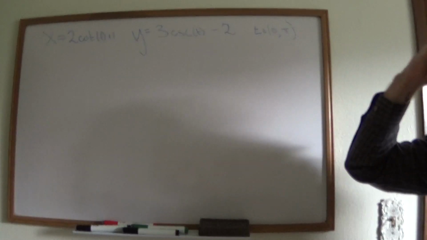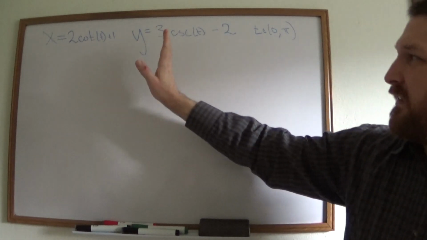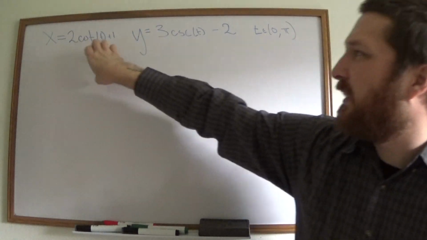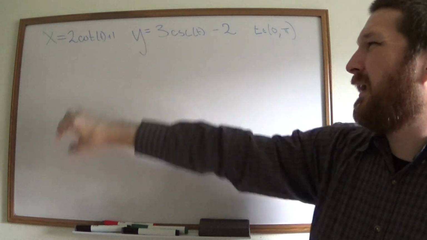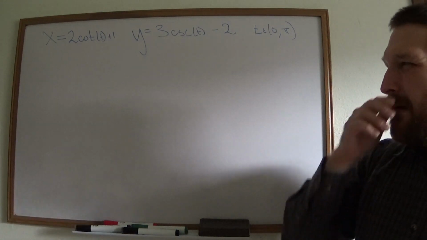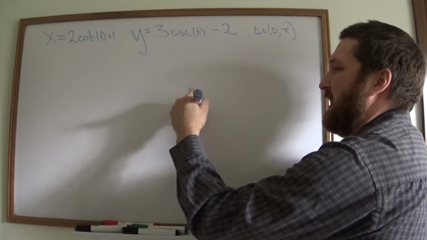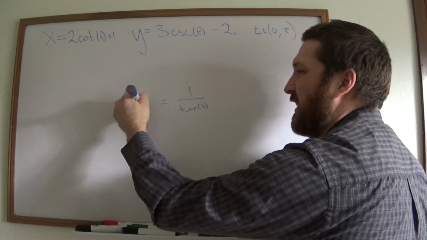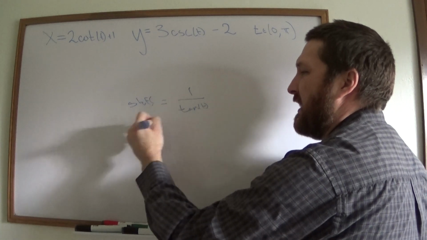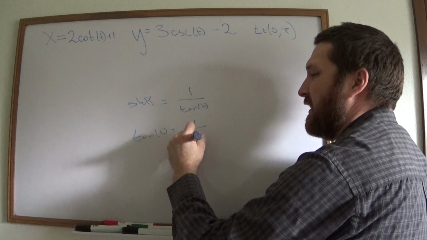So you're already thinking, well, for instance with the x, if I get everything except for the t all by itself, I'll have a cotan, and I could do an arc cotan maybe? Well, no, what I would do is rewrite it as 1 over tan, and then you have stuff, and then tan is 1 over stuff.